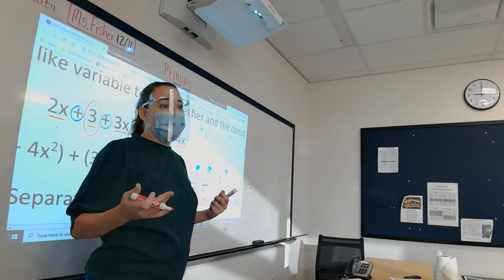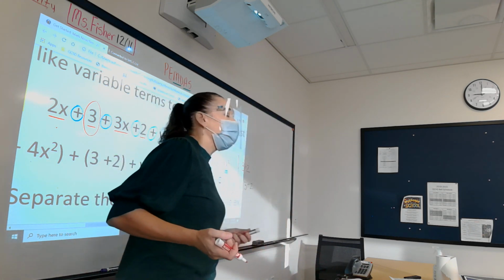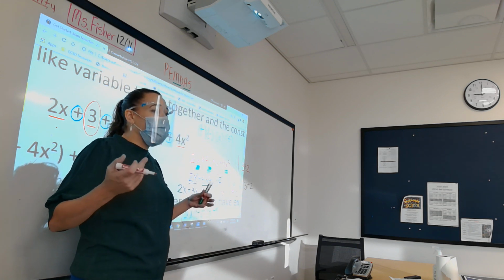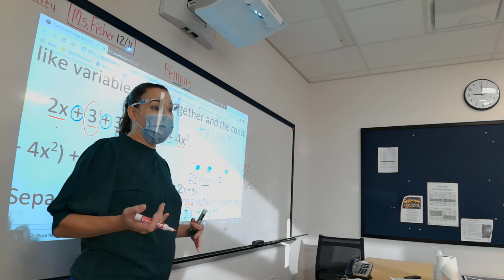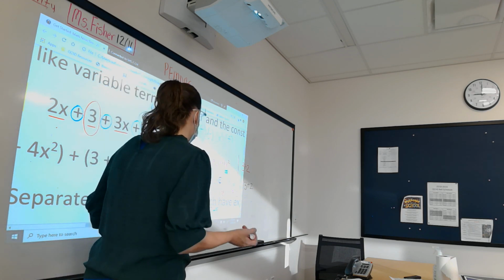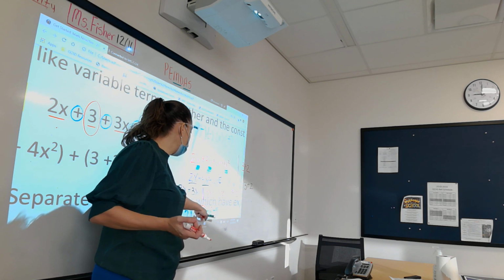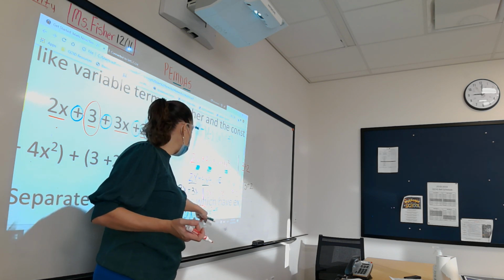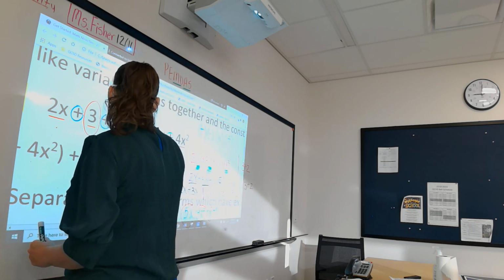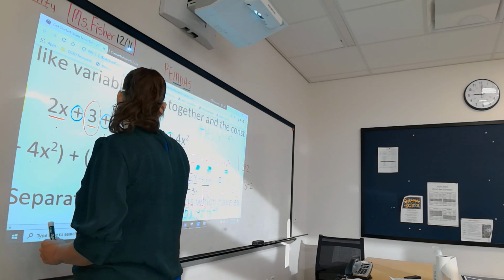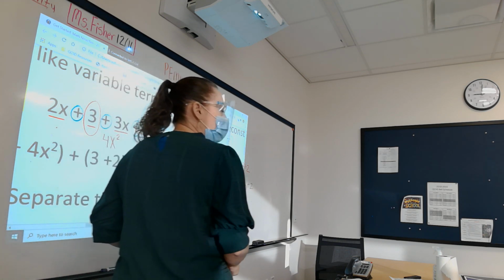So which one goes first? So the rule states the variable term to the highest degree, the highest power, goes first. So we see the only one to a power greater than 1 is right here, the squared. So you know for a fact 4x squared goes first.